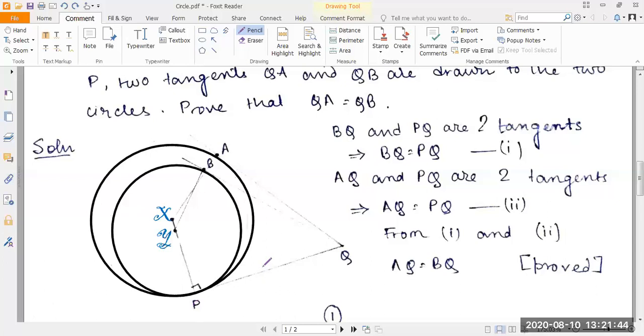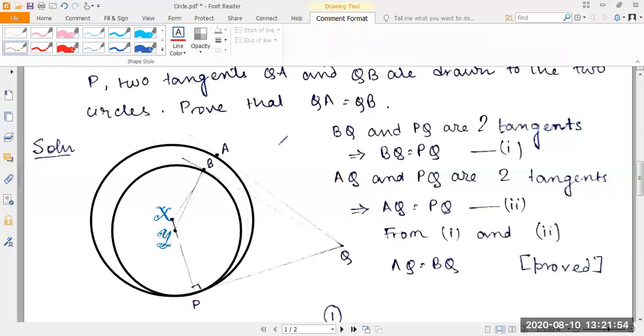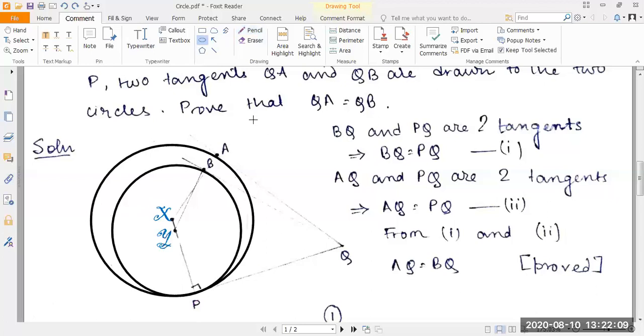Now, why they have mentioned internally: if two circles touch each other externally, then we have a situation like this. But if two circles touch each other internally, then we'll have a case like this.